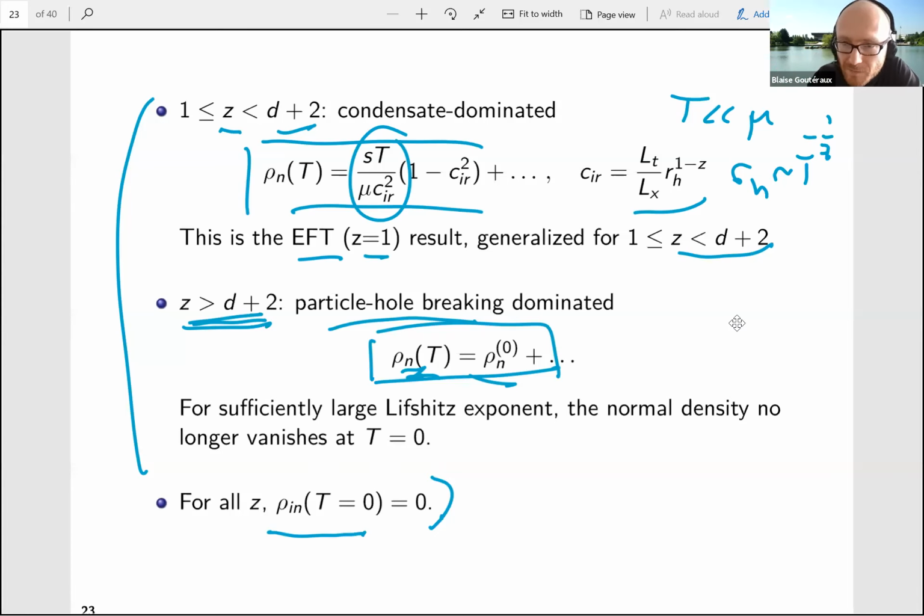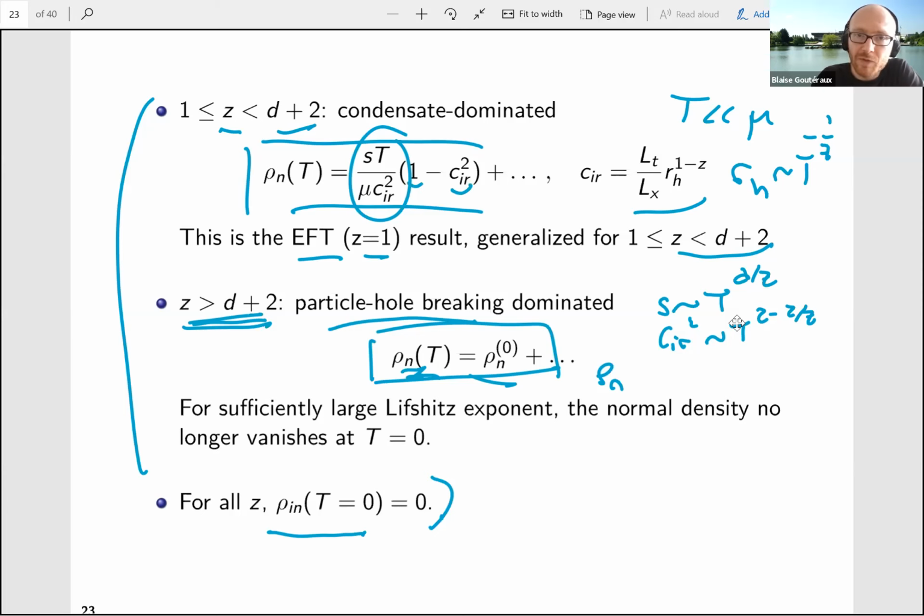If I take this formula, S goes like T to the D over Z, as you would expect in a Lifshitz-invariant phase. And then C_IR squared goes like T to the 2 minus 2 over Z. So now this is saying that rho n, this time will always go faster to 0 than 1.